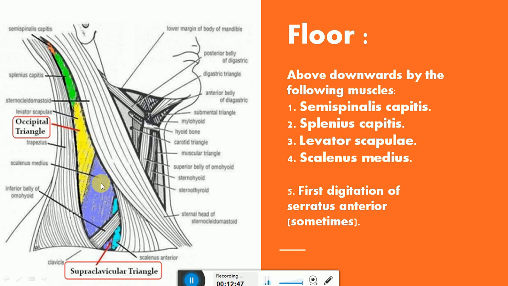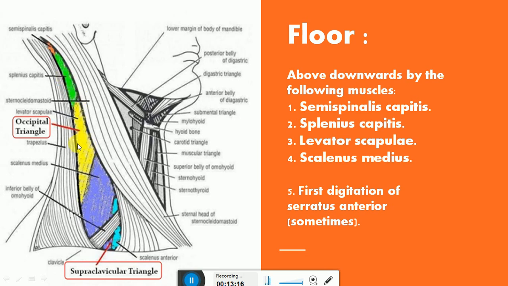Always remember the name of these 4 muscles: semispinalis capitis, splenius capitis, levator scapulae, and scalene medius. Sometimes this muscle that is called as scalene anterior is also considered as a part of floor of the posterior triangle. So these 4 muscles specifically are forming the floor of posterior triangle.